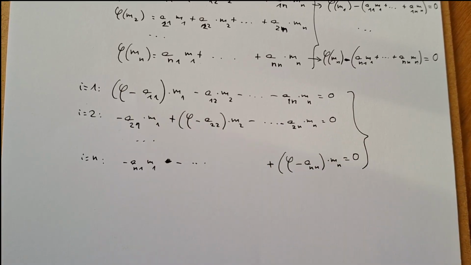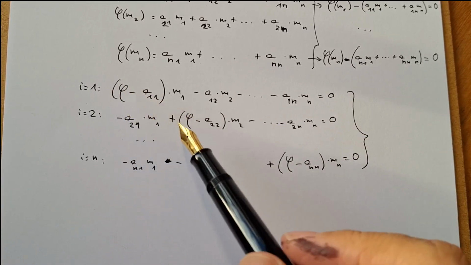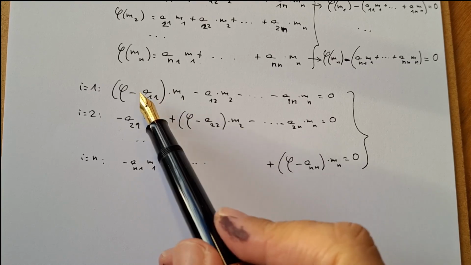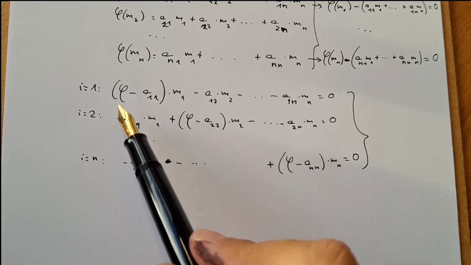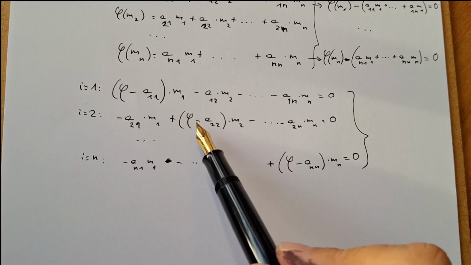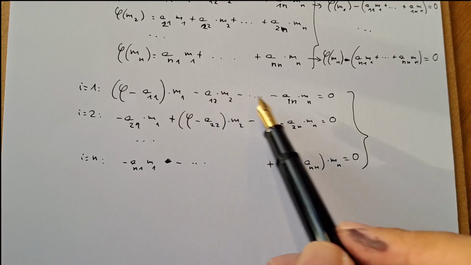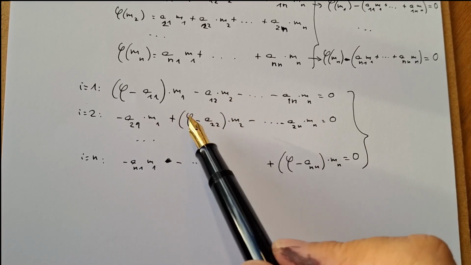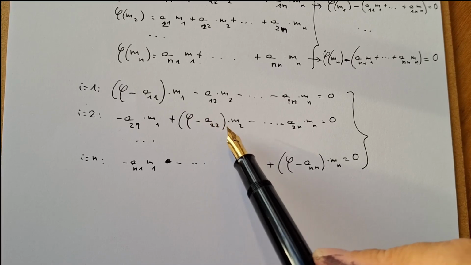Now this is more interesting. You can notice that at each row, at the term i, we will not have a usual coefficient, but we will have this parenthesis with psi minus a sub ii.